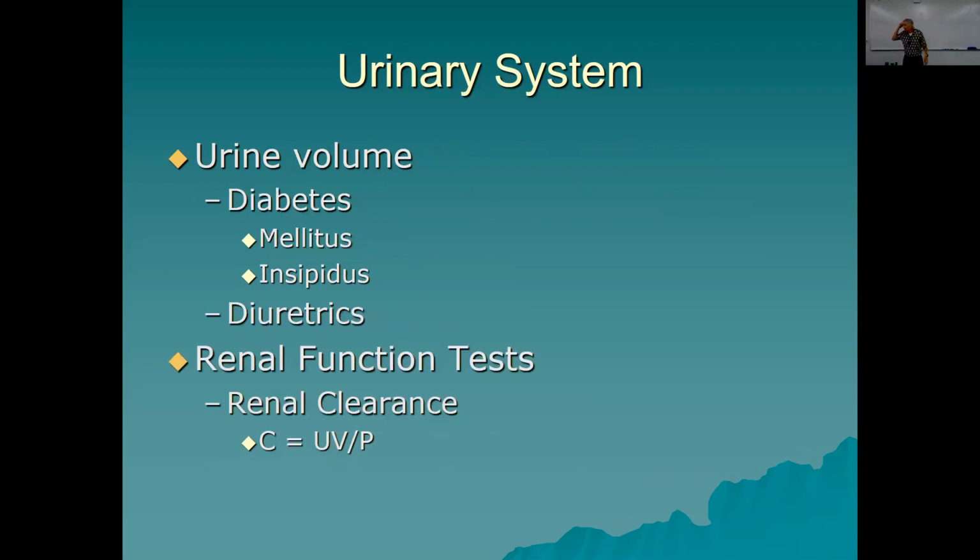So, urine volume and diabetes. Remember, there are 2 types of diabetes: diabetes mellitus and diabetes insipidus. And they're due to the lack of 2 different hormones. You should be careful when you say diabetes. Most people think diabetes mellitus when somebody says diabetes, and that is the lack of insulin.